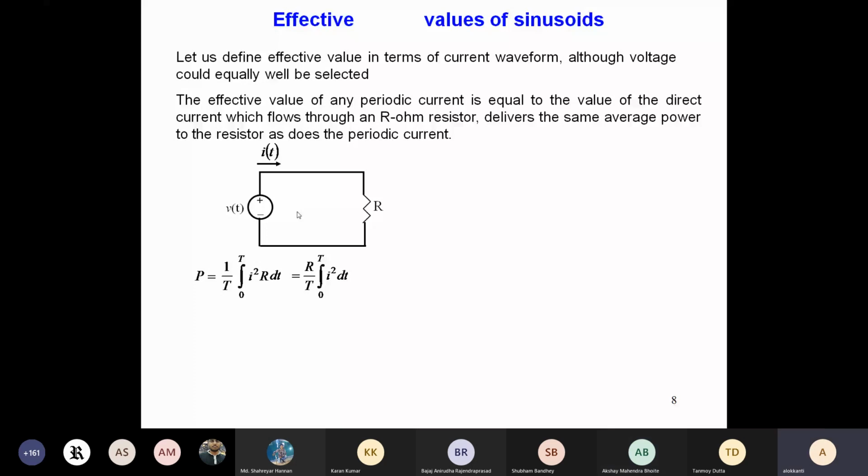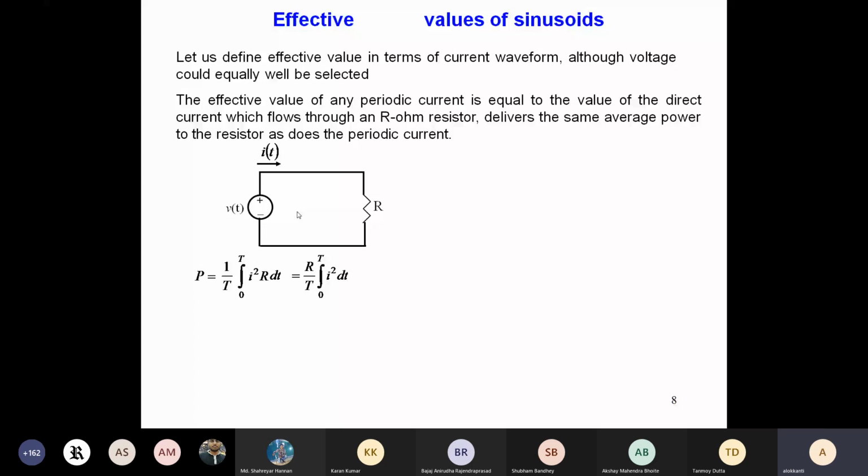There it was just V dt. So here there is a square, because the square comes when we consider power. It is not that we are doing the square out of fancy. So that is how the square is coming.